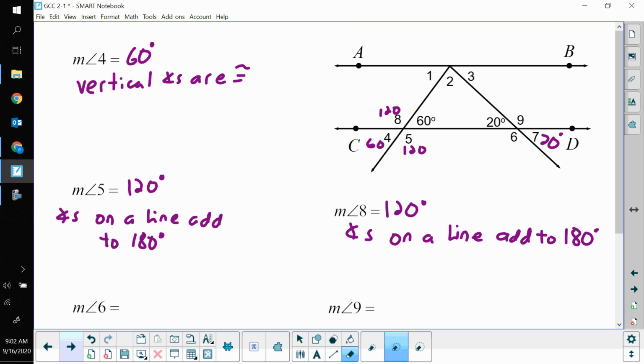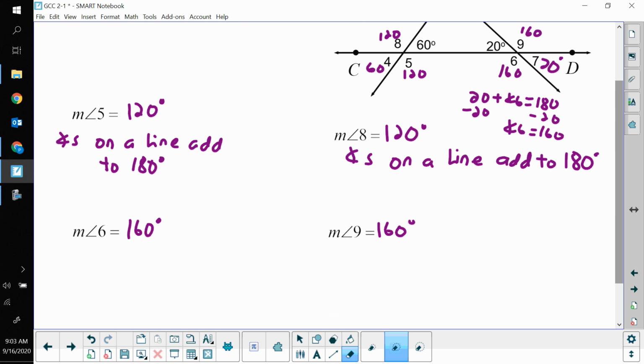Well, we can do a similar idea for 9 and 6. We know 20 plus angle 6 should equal 180. So subtract the 20, and we get that angle 6 should be 160. And then same idea for 9, because that could be on the other line. So we've got 160 degrees for both angle 6 and angle 9.